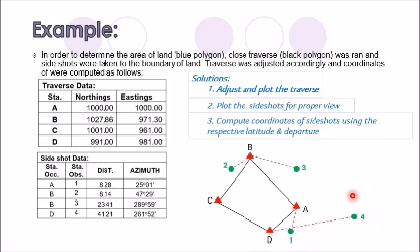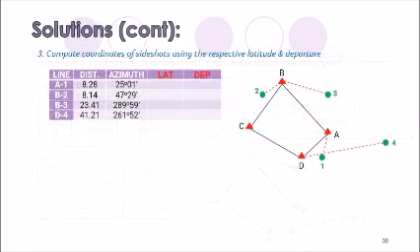Okay, so next is compute the coordinates of side shots using the respective latitude and departure. So we have here the side shots data.